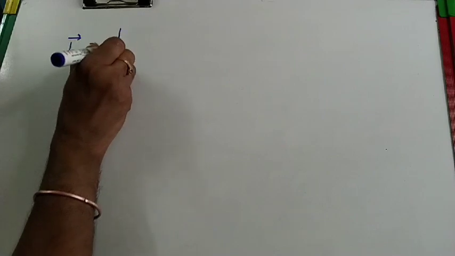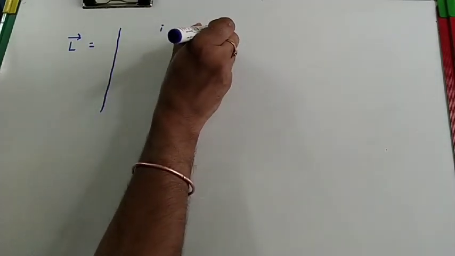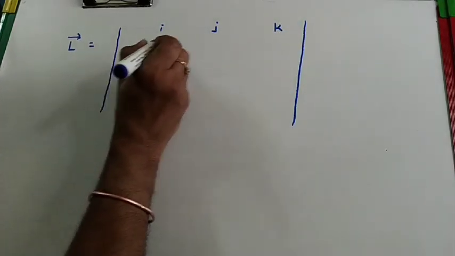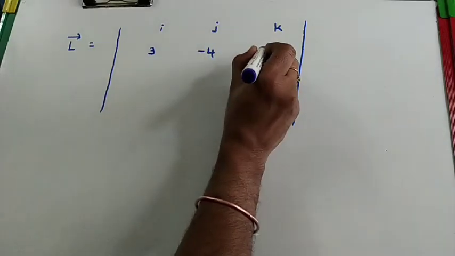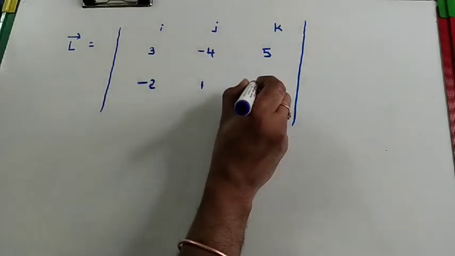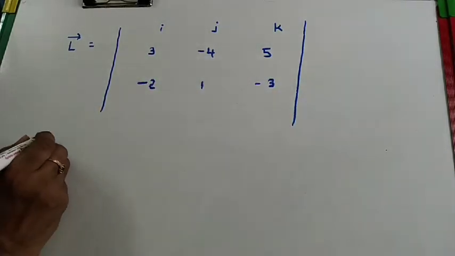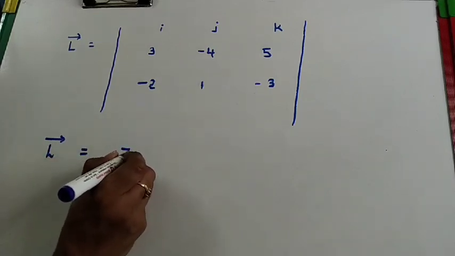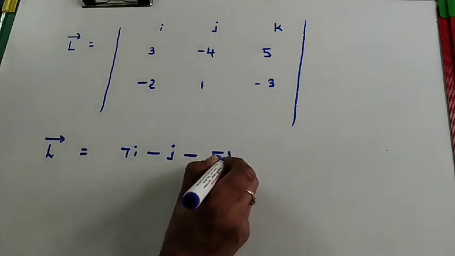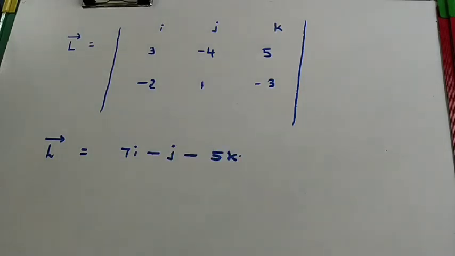Therefore, L vector is equal to i j k whole by 3 minus 4 5 and minus 2 1 minus 3. Therefore, angular momentum L is equal to 7i minus j minus 5k. Now go for numerical number 3.